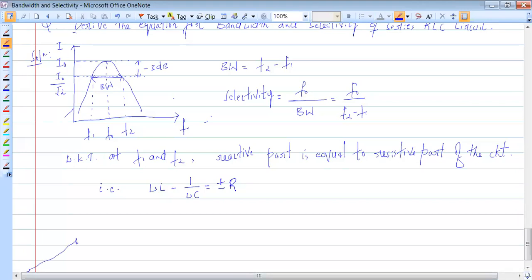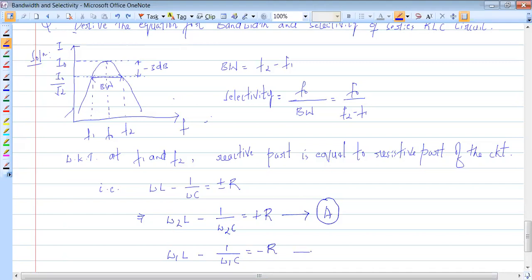So this particular equation implies that omega 2 L minus 1 by omega 2 C is equal to plus R. This is one equation, which we call equation A. The next equation is omega 1 L minus 1 by omega 1 C is equal to minus R. Let's call this equation B, as we had done earlier.